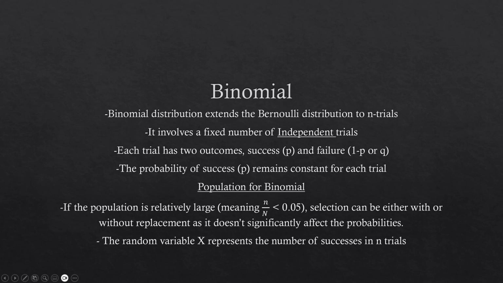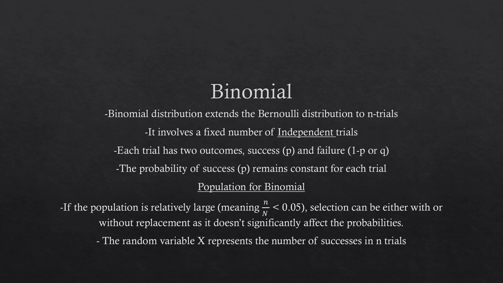Now next up, we're going to do the binomial distribution. The binomial distribution is the exact same kind of steps as the Bernoulli distribution, except the only difference is instead of it only being one trial, it can be n amount of trials. So it's still only a success or failure, but this time you could flip a coin 100 times.